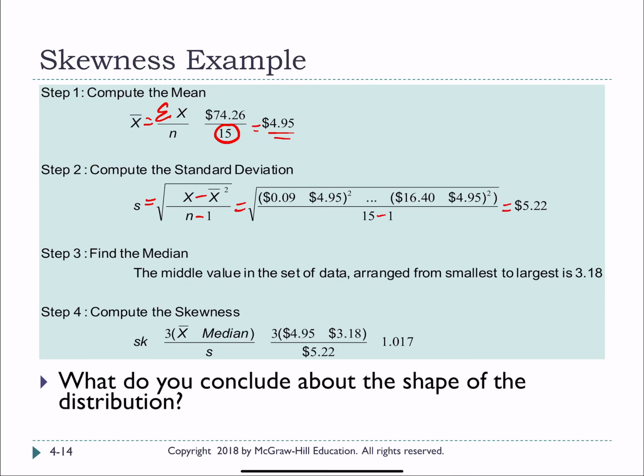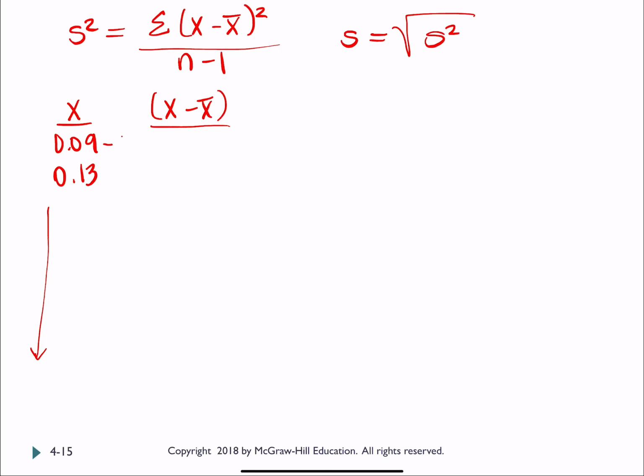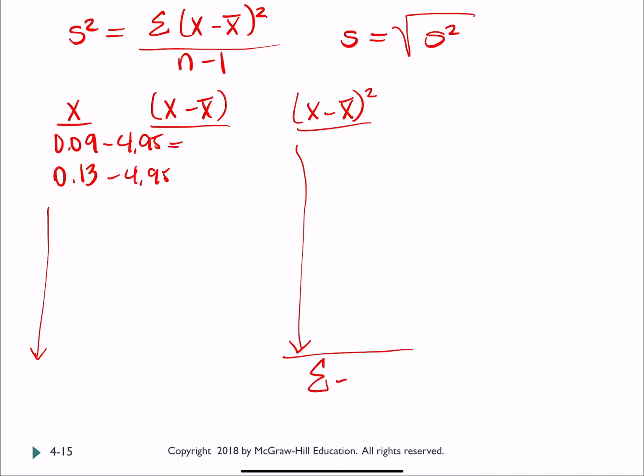Remember, that was 4.95. So you would just subtract the 4.95 and get those values. And then in my last column, I'm taking that difference and squaring it. Once I have all of those, I sum them up, right? And then divide by n minus 1, okay?